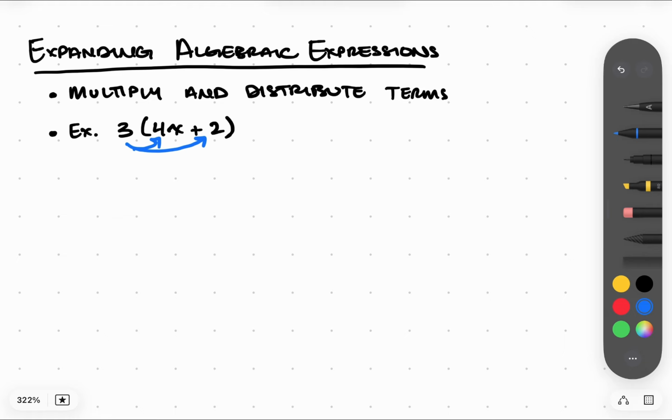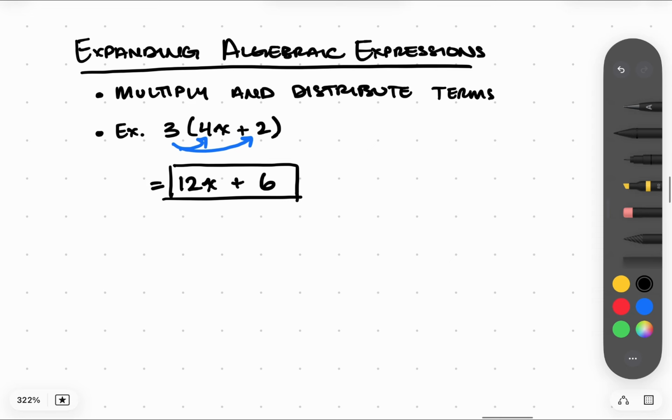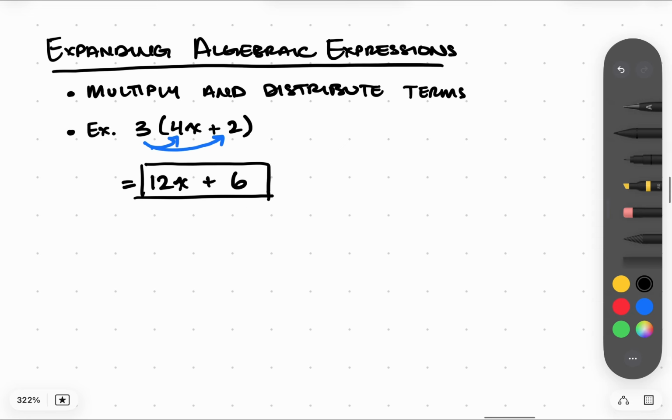What I mean by handing out is I'm just going to multiply these numbers. You could do 3 times 4x, which will be 12x, plus 3 times 2, which is 6. Now, simply put, this is all that you need to know for expanding algebraic expressions.